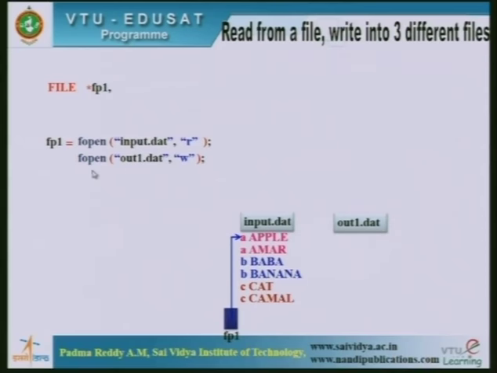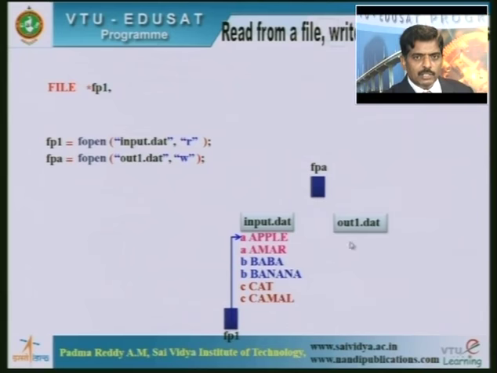In that particular case, the function fopen returns a pointer, and that pointer value will be copied into where now? fpa. So here, if I say fpa, memory will be allocated for fpa, and it should hold the pointer returned by fopen. It points to the beginning of this particular file.